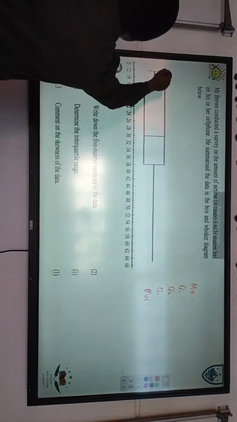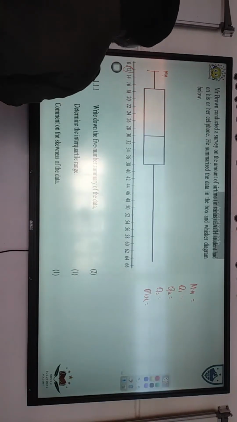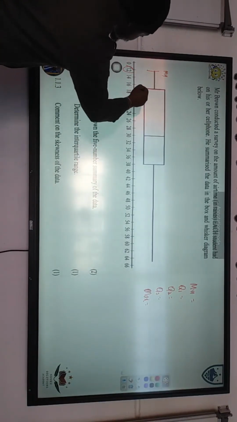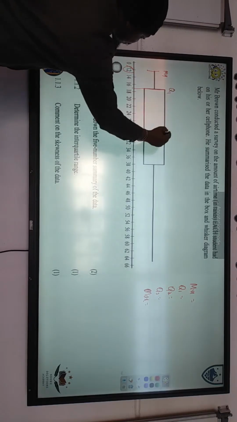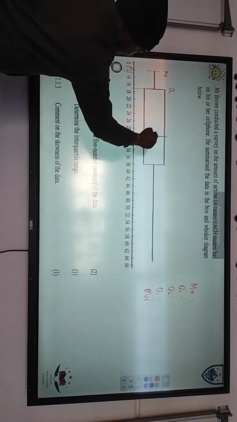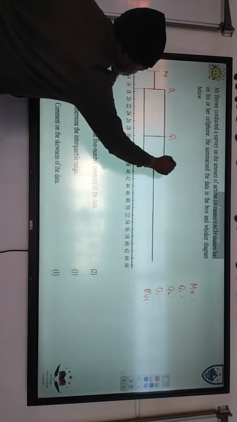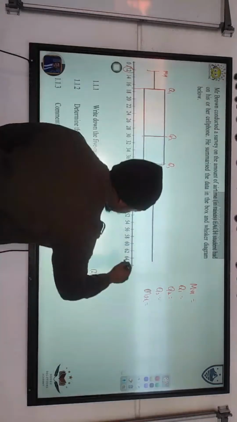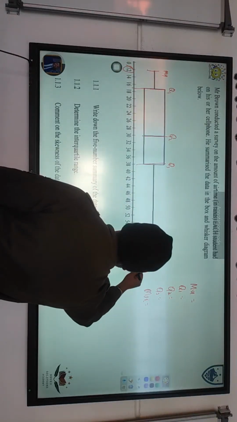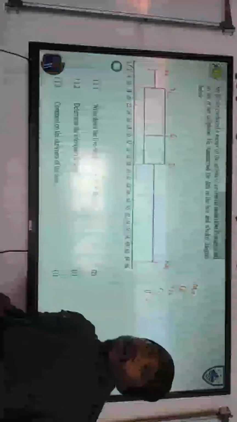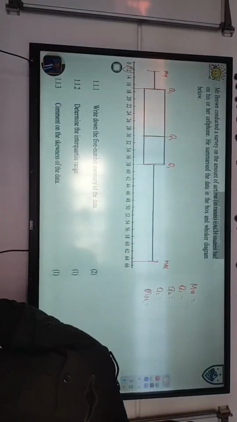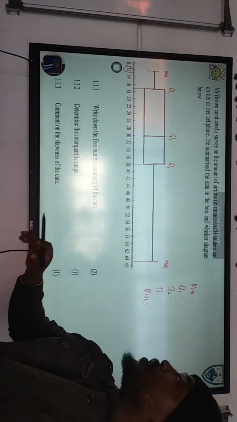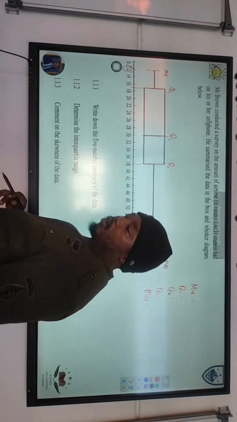This will be your minimum, 12. This will be Q1. This will be Q2, and this will be Q3, and then this one. So when they ask you about the 5 summary data, you need to take down all those values.